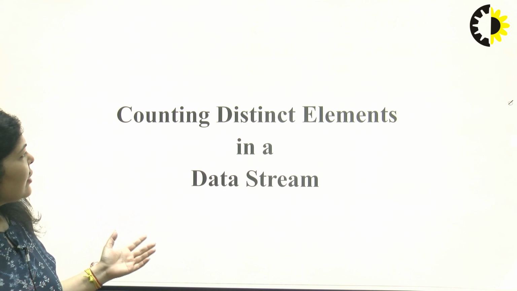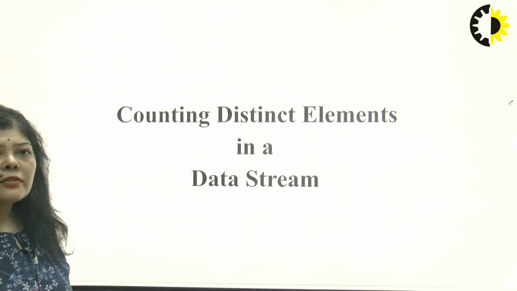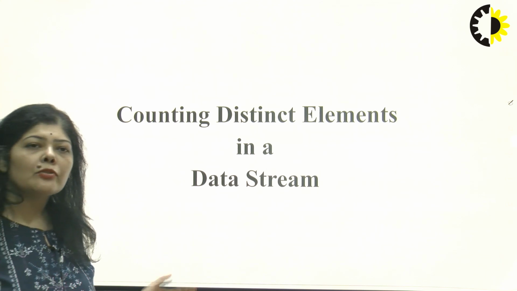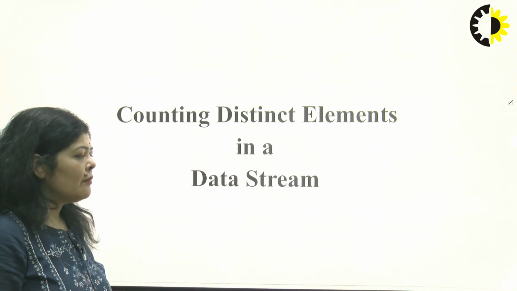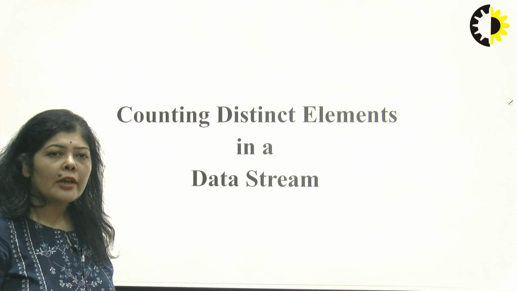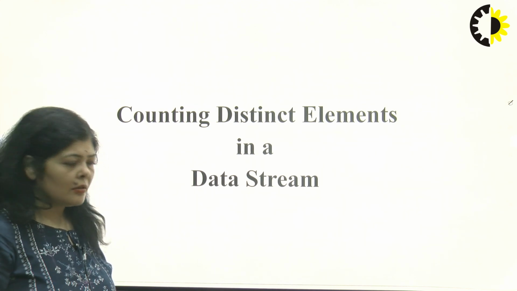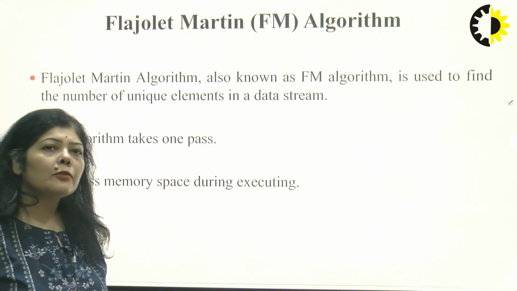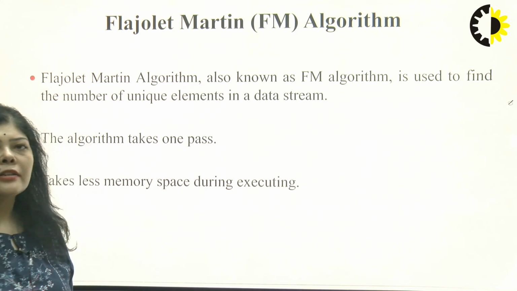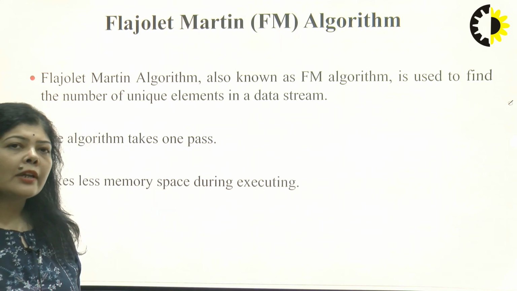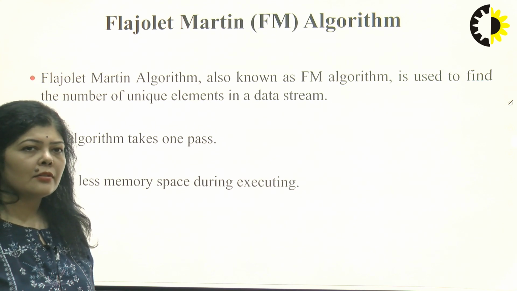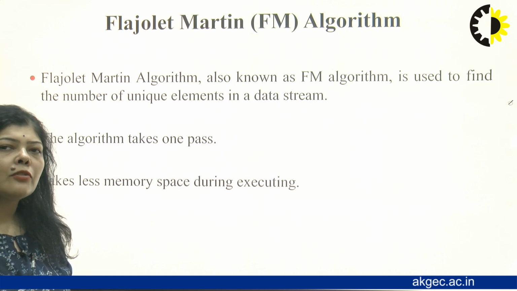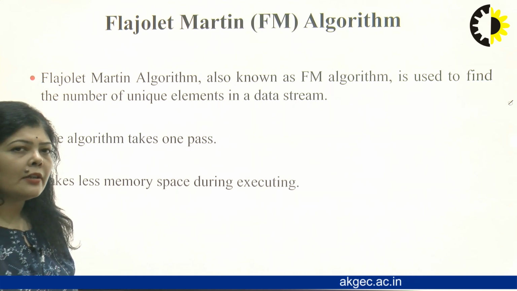Today we are going to take the problem of counting distinct elements from a data stream. The same algorithm can be applied to databases, where we can find out how many unique items or elements are present in that data set. The Flajolet-Martin algorithm was proposed in 1983 by two scientists, Flajolet and Martin, and it is used to find the number of unique elements in a particular data stream.